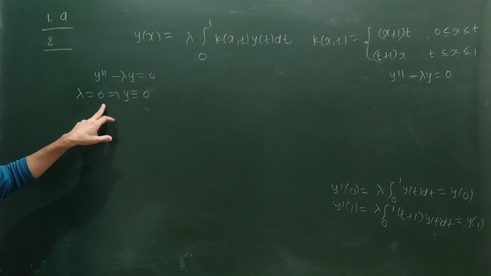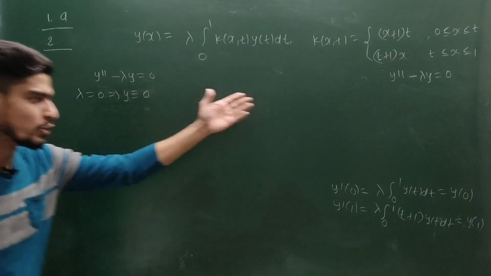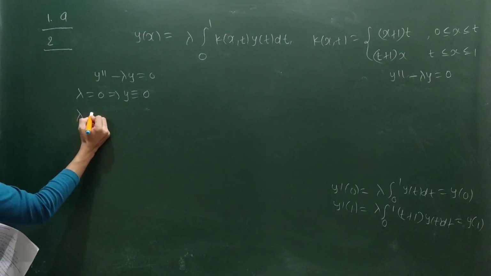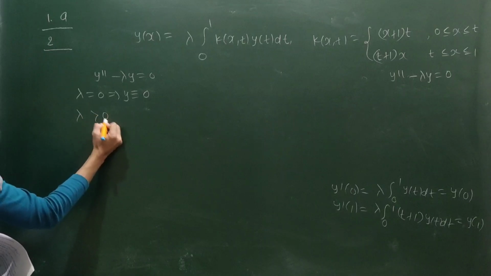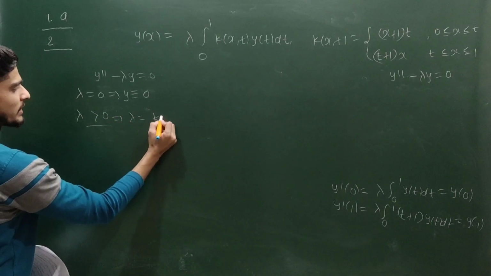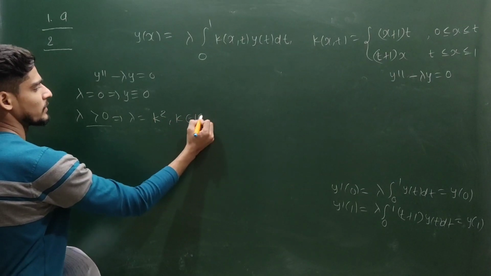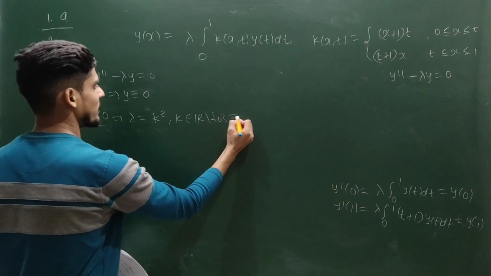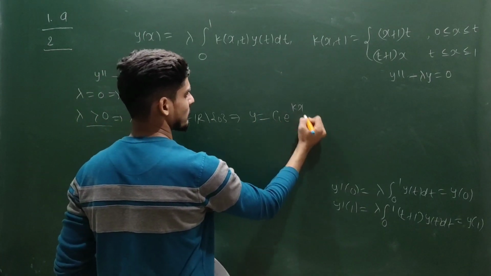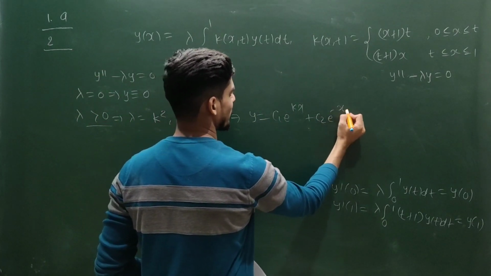If lambda is 0, then your y will be c1 x plus c2. Now you apply the boundary conditions and solve for the constants. If your lambda is positive, then your lambda will be of the form say k square, where k is some non-zero real number. In this scenario, your solution will look like c1 e power kx plus c2 e power minus kx.